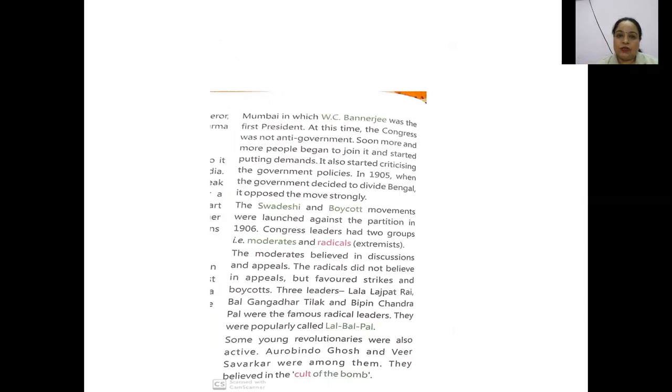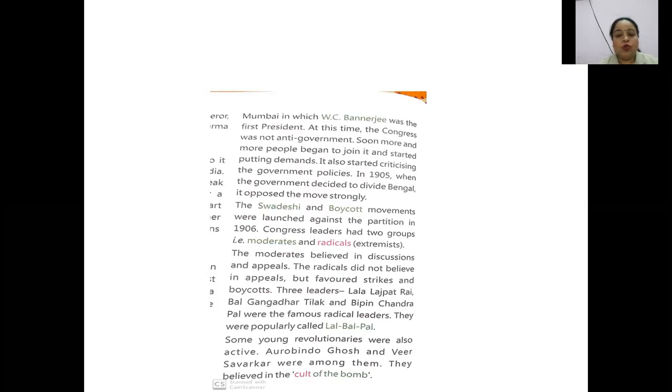At this time, the Congress was not anti-government. This political party was not against the Britishers.